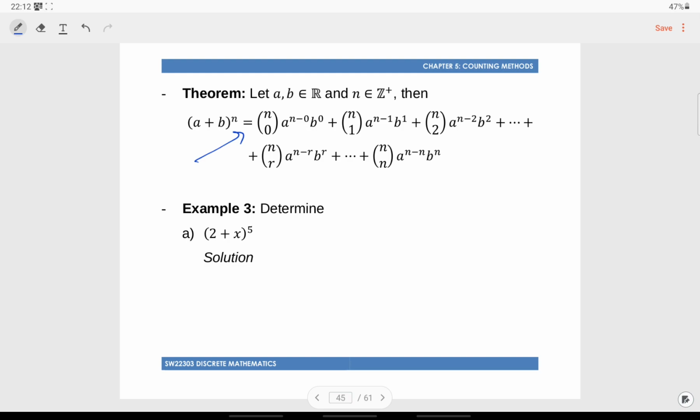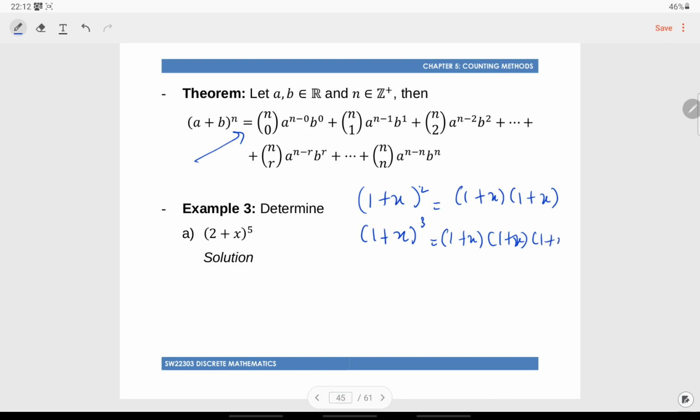So when we do the expansion, for example, when the power is low, okay, we have (1 plus x) squared or (1 plus x) cubed. For this task, it's no problem because we can do the expansion easily. Multiply 1 plus x by 1 plus x, and the cube can also be done easily by expanding 3 parentheses, (1 plus x) times (1 plus x) times (1 plus x).